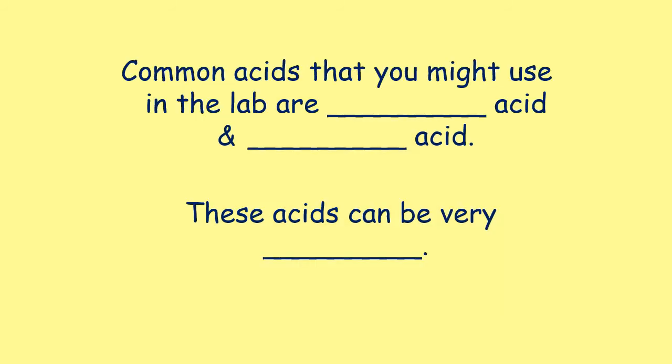Next question, well, this one's a bit more specific. So common acids that you might use in the laboratory. There are 3 common acids. We're asking you to name two of them if you can remember. They are quite specific words. And those acids can be very what? So common acids in the lab, and these acids can be very what?